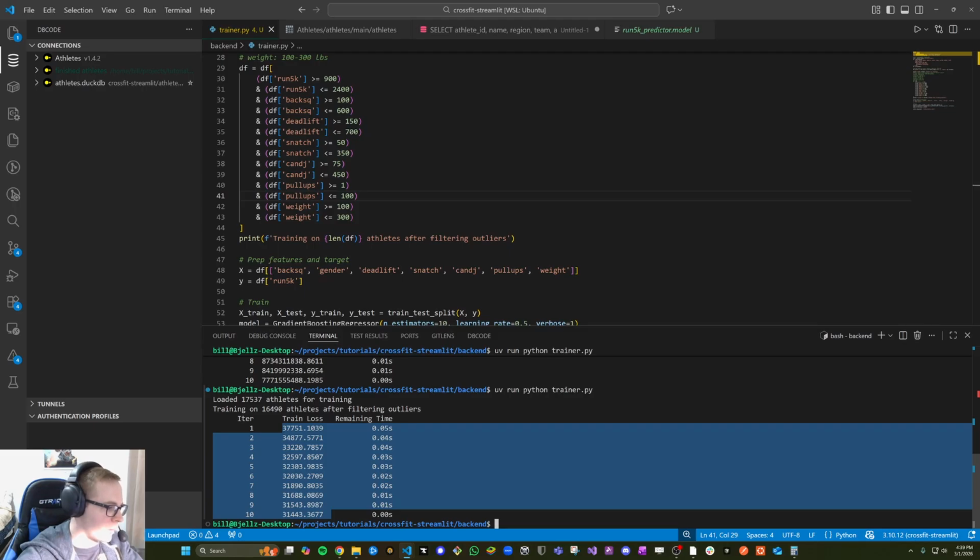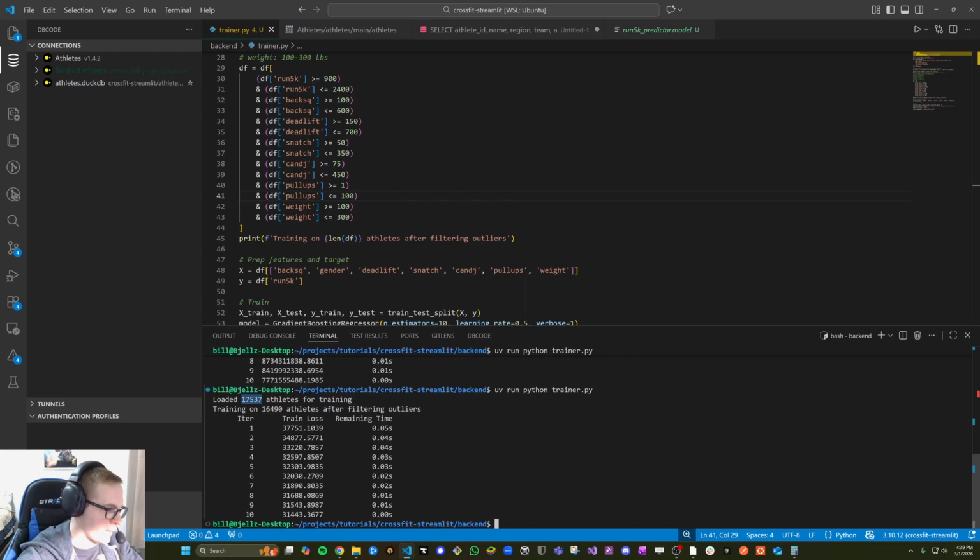So what did we lose here? It went from 17,000 athletes to about 16,000 athletes, so a little bit over 1,000. It's not that much. We still have a lot of training data that we can use, but this takes out those extreme outliers that were dragging the loss in many different directions.